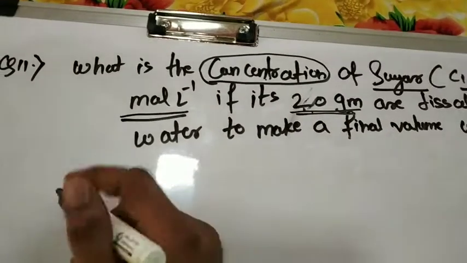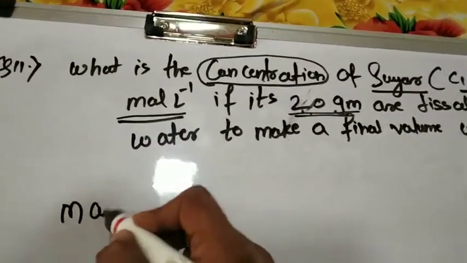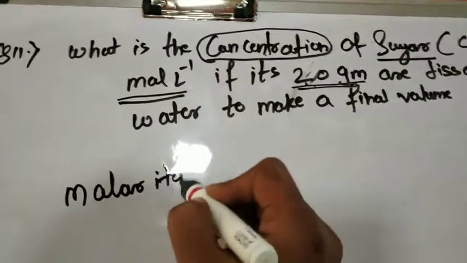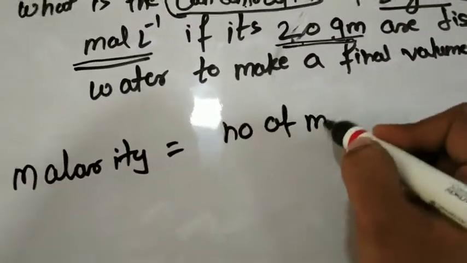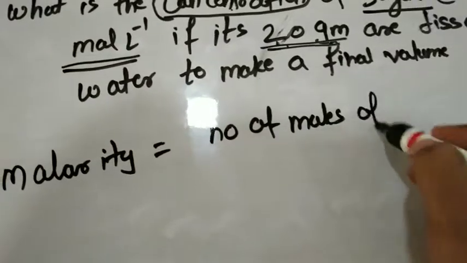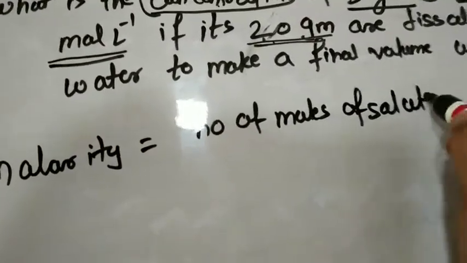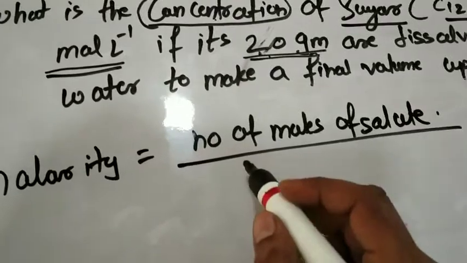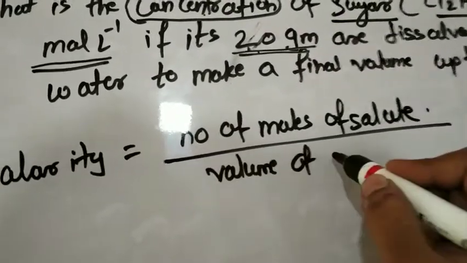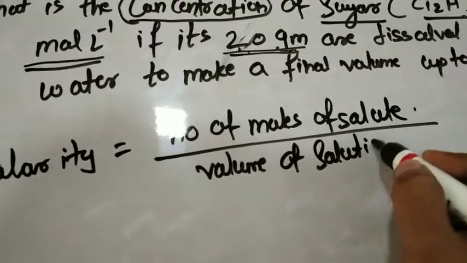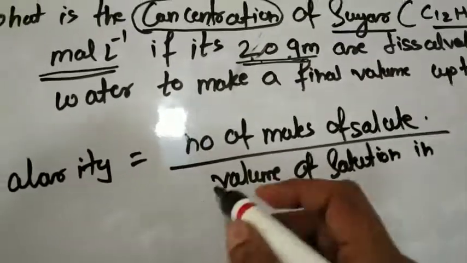you all have noted down. Okay, now let's look at the formula for molarity. Molarity is equals to number of moles of solute divided by volume of solution in liters.